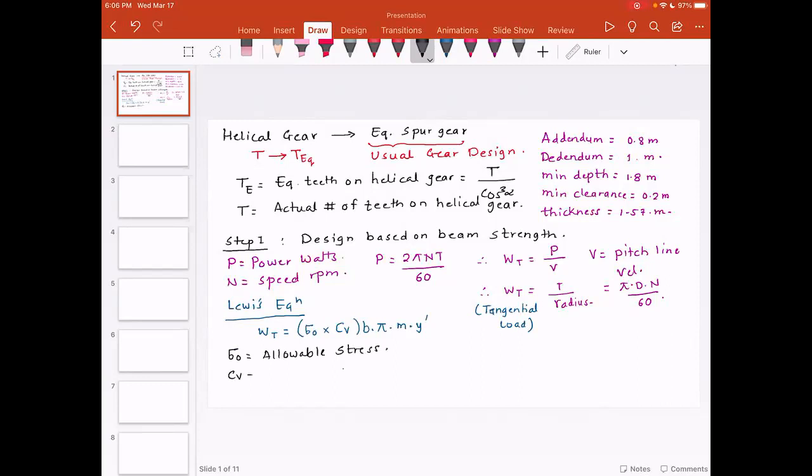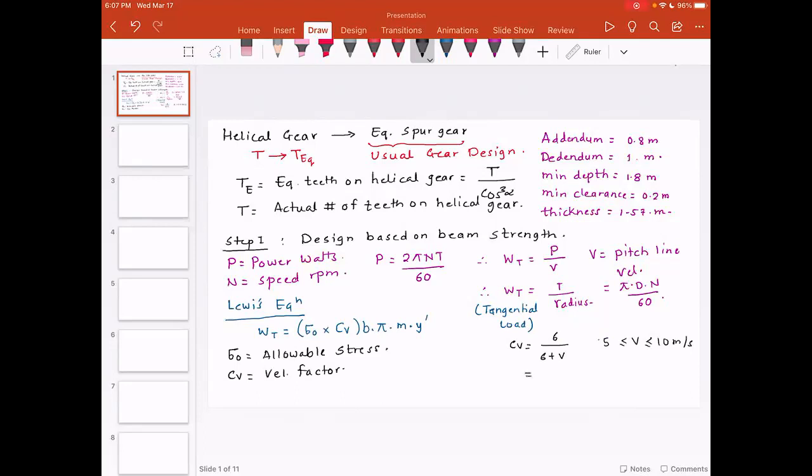CV is equal to velocity factor. And this velocity factor depends upon the pitch line velocity. So CV is equal to 6 divided by 6 plus V when velocities are between 5 to 10 meters per second.